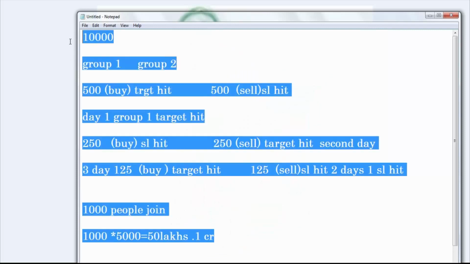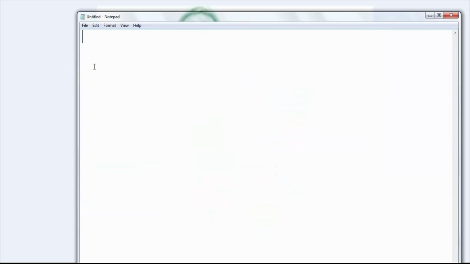Suppose you find a good advisory giving accurate calls, and they charge 5,000 or 10,000 and we get more than 50,000 or 1 lakh profit, then it doesn't matter. If you get profit, there is no issue, we can pay this charge.